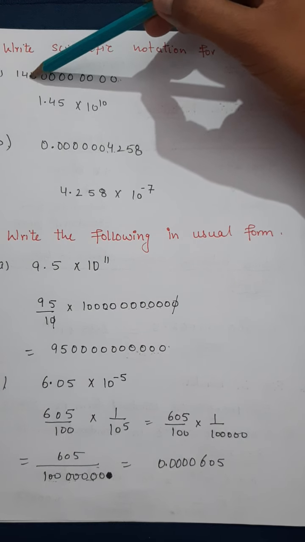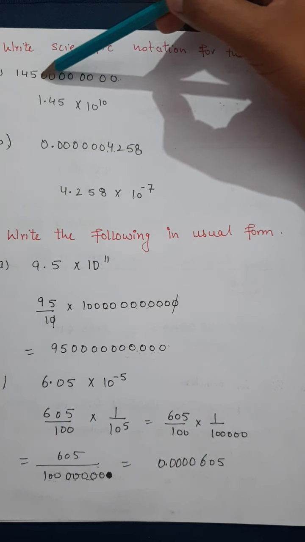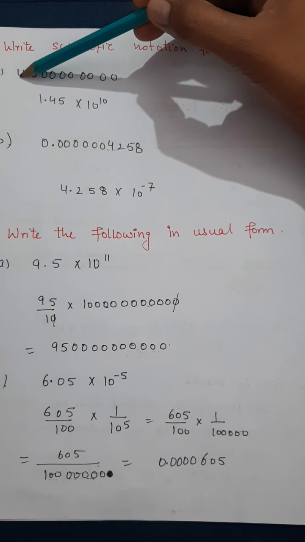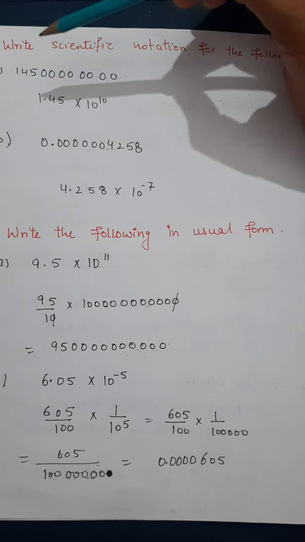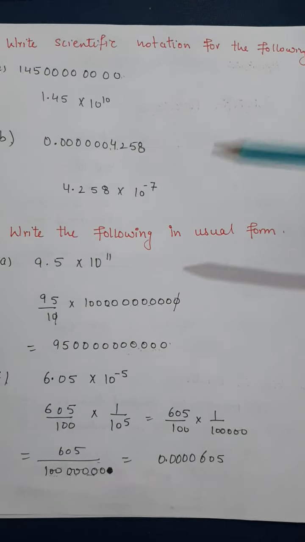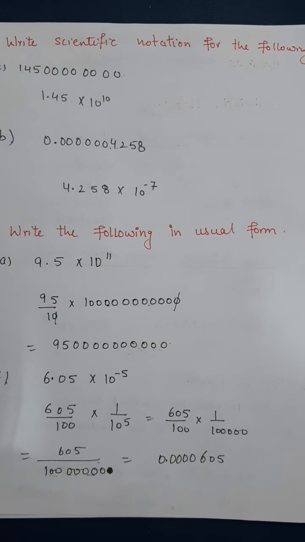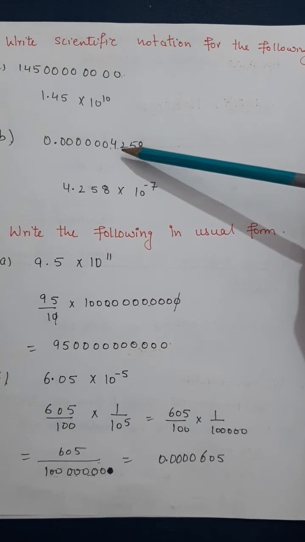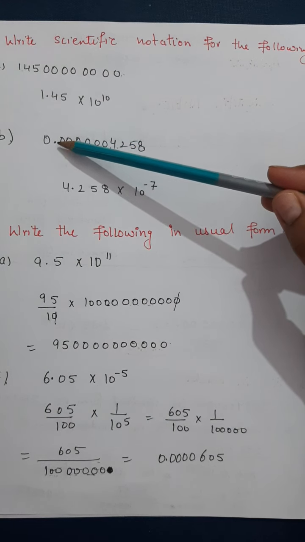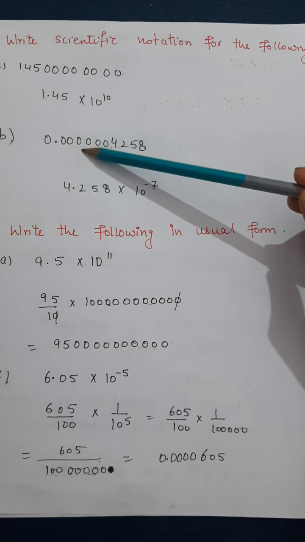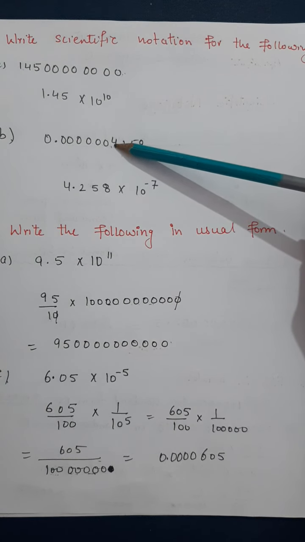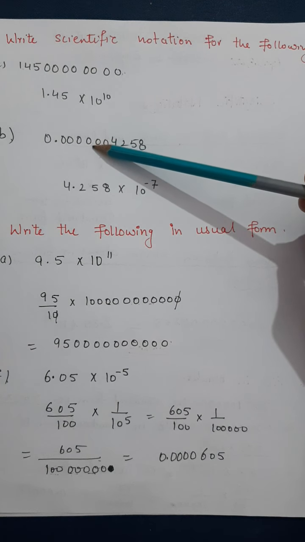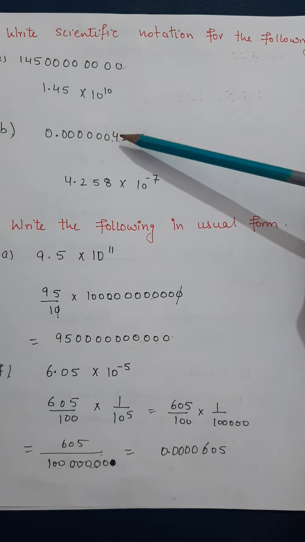Now check the complete number. 145, right? We have to place the decimal after 1. Clear? Same for part B. We have a decimal here, and to reach after 4, how many jumps are to be taken? 1, 2, 3, 4, 5, 6, 7.